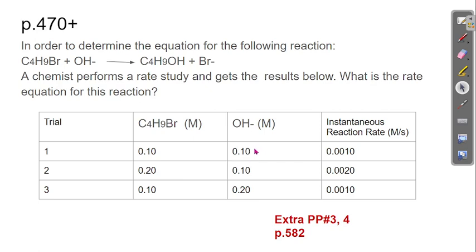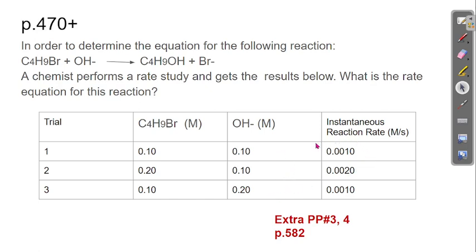The concentration changes between trial 1 and 3, from 0.10 to 0.20, so it doubled. Between trial 1 and 3, the concentration of A did not change. So we cannot pick 2 and 3 this time. We need to pick 1 and 3. Okay, great. So that doubled.